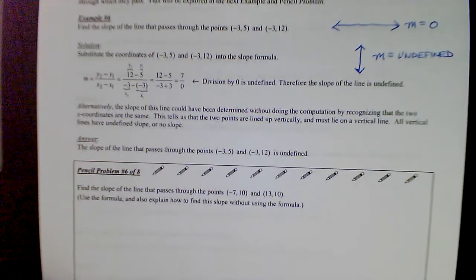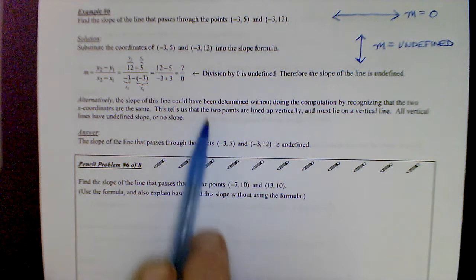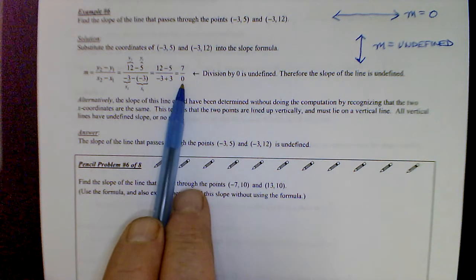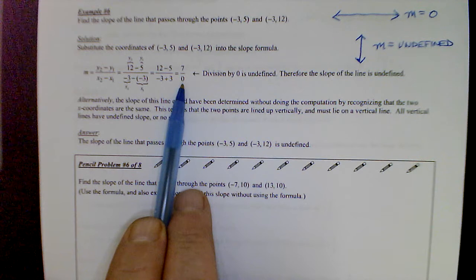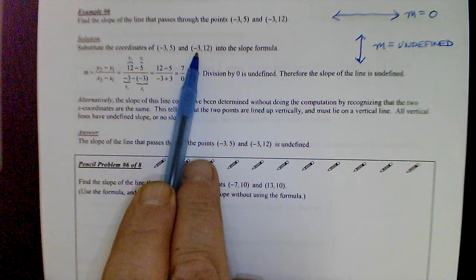So you could realize this when you have a problem in one of two ways. Either when you plug in, if you're given 2 points and you plug in, you get division by 0, which is undefined. Notice the x-coordinates are the same. So that's telling you you have a vertical line.